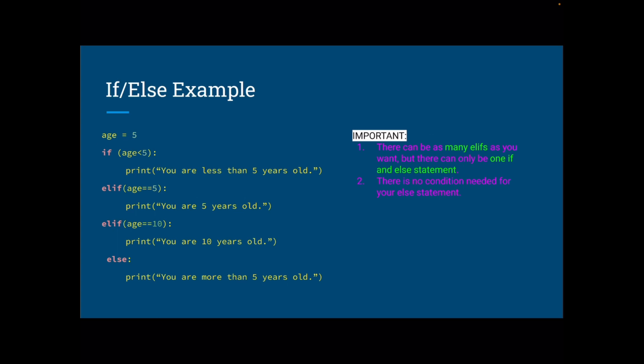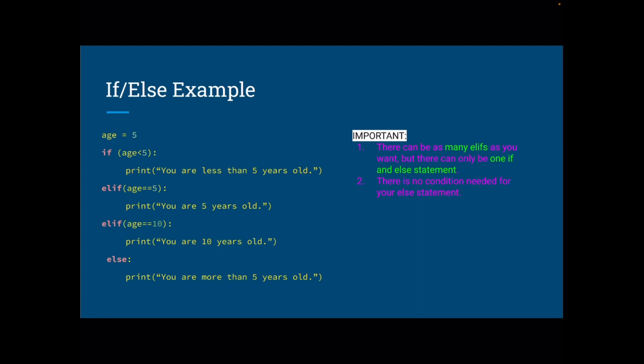Here is an example of if, elif, and else statements all working together. So let me walk you through it. There's a variable called age, and it's assigned the value of 5, that's an integer, and we want to make an if statement out of it.